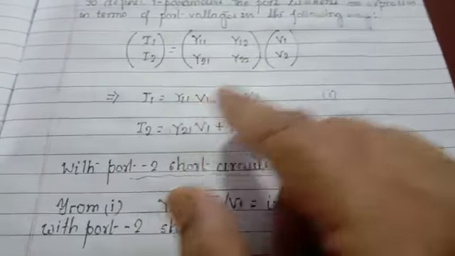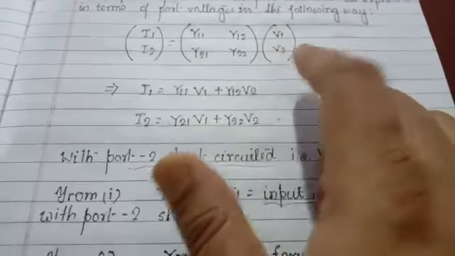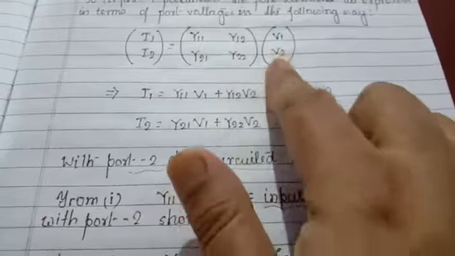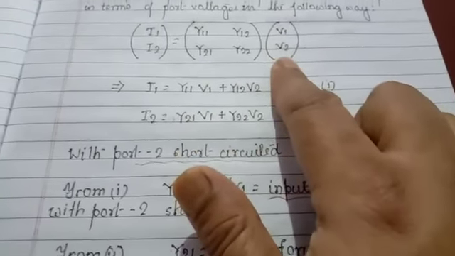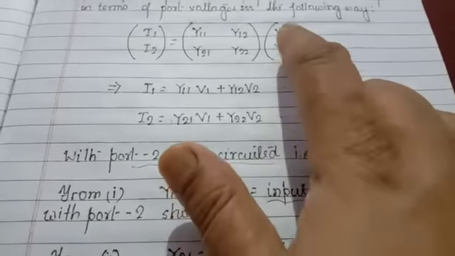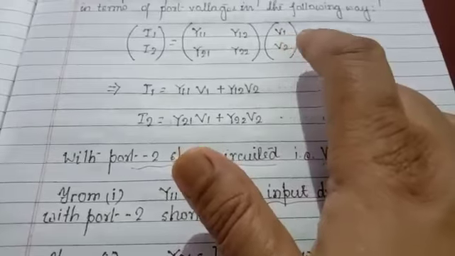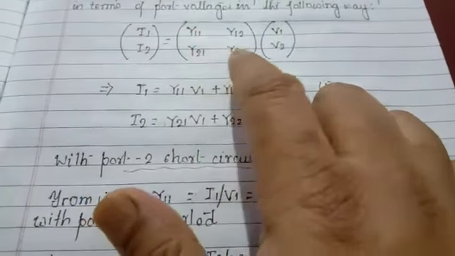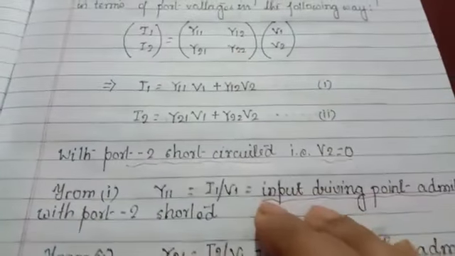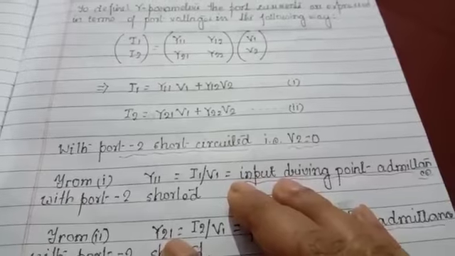Similarly here, in Z parameters this vector was the current vector, and in Y parameters this vector is a voltage vector. So we have to make each of V1 and V2 equal to 0 simultaneously, and find the values of the Y parameters in terms of port voltages and port currents.